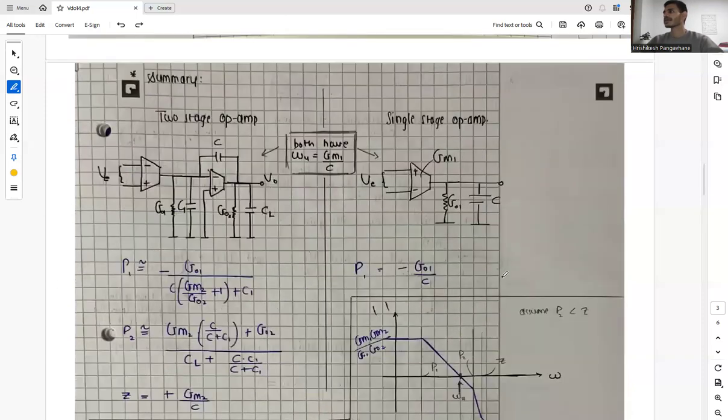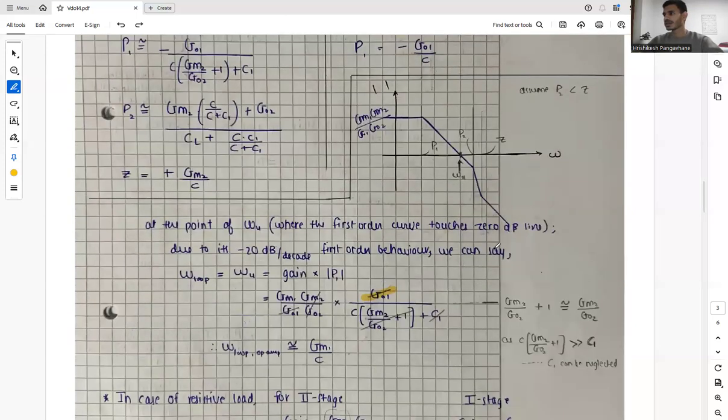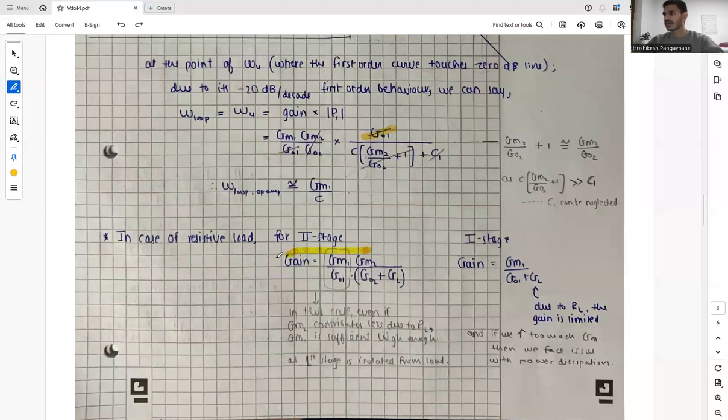So what we are stating is that if we have a resistive load at our output, our equations for the gain will change, and that RL is parallel to our other circuit. So we have to consider that parallel resistor in the form of conductance GL, and this is how we consider the parallel resistive load in our gain equations.